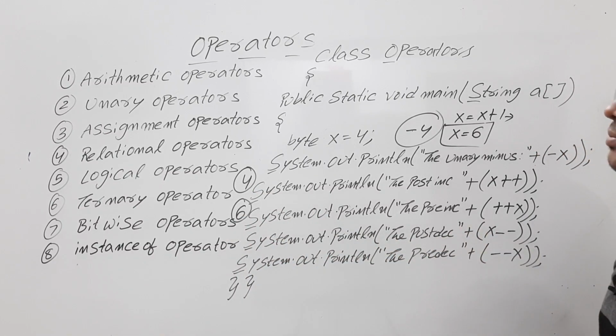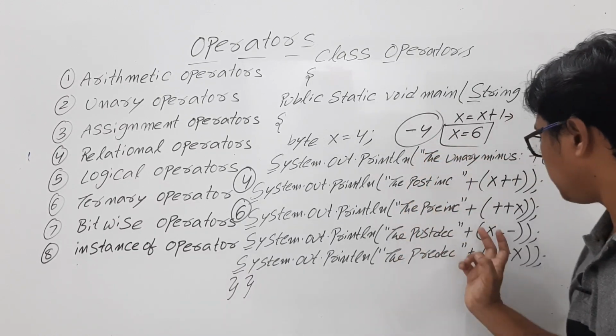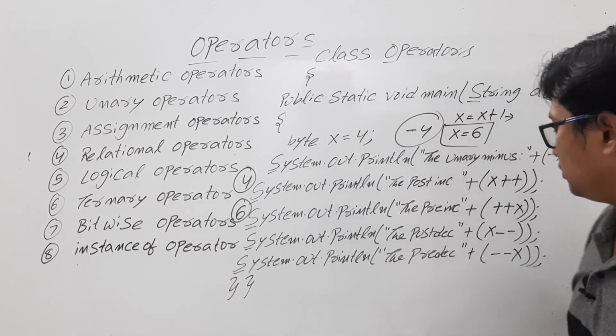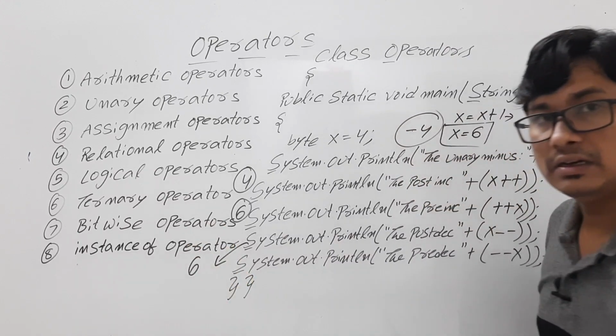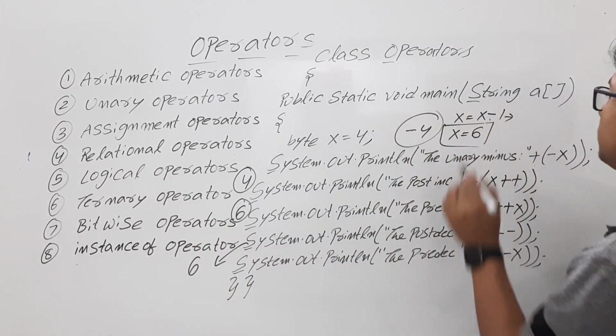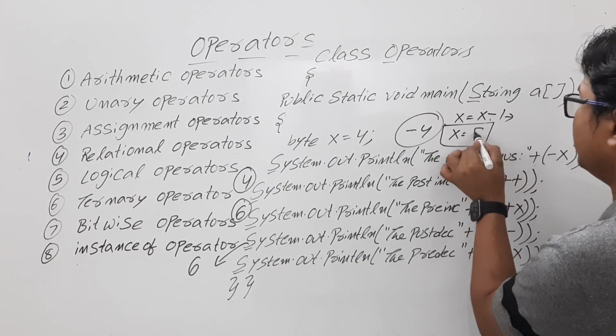System.out.println, the post decrement. Now what is the updated value of x? 6. As it is a post decrement, first you need to assign the value. So in this case, you will get the output as 6. Then it will perform the decrement, which is x is equal to x minus 1. 6 minus 1 will become 5.